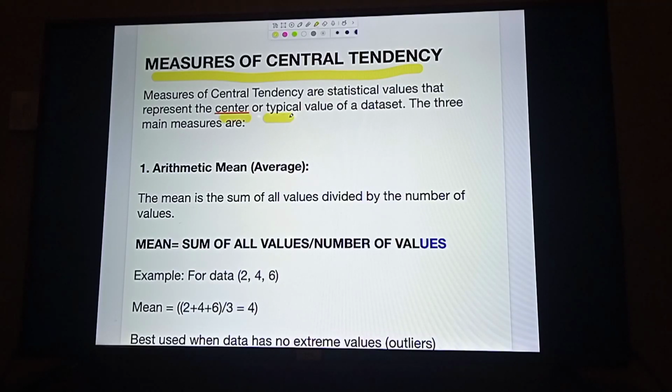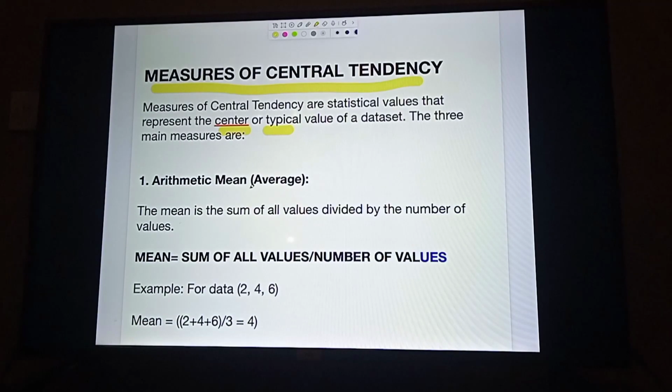What number represents the whole data set? To answer this, we generally use the three key measures: mean, median, and mode.